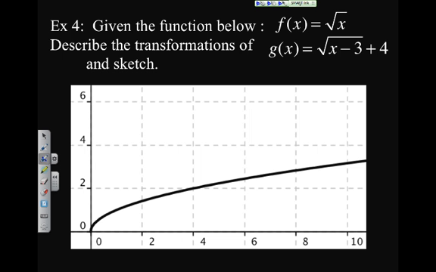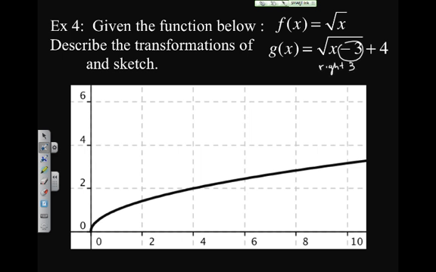Now here we're given a function f of x equals the square root of x. We are supposed to describe the transformations of g of x, and then sketch the graph. Notice right here that we are changing the x value. That is x minus 3, so we're going to move to the right 3 units.